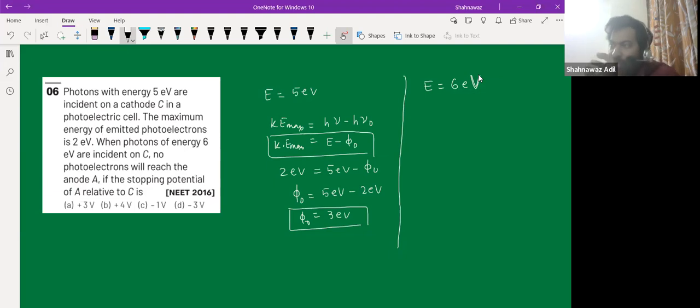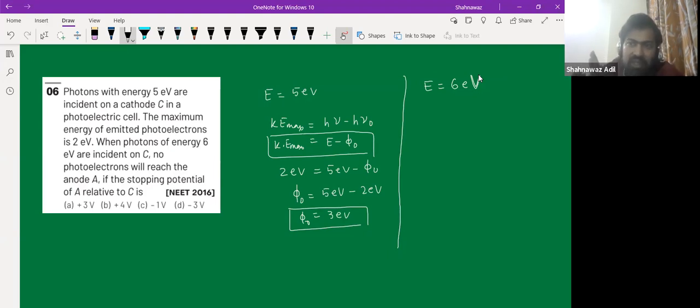So the stopping potential was that potential. If we provide that potential, then there will be no photoelectric current, right? Because what this potential will do is that, let's say the maximum kinetic energy of the electron with which it is ejected, if we provide that potential in the opposite direction, then the electron will never reach the other side.